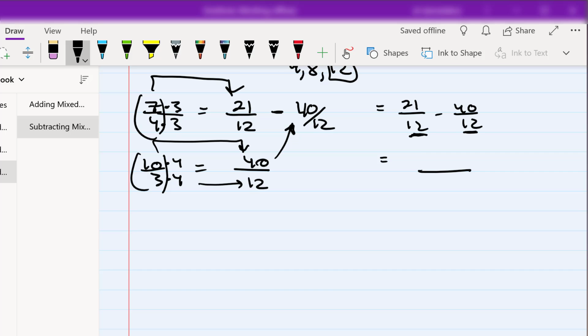Since these have the same denominator, we can add and subtract them. We put 12 on the bottom, and we subtract the numerators, 21 minus 40.